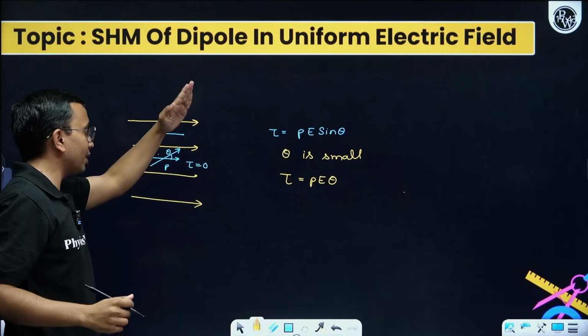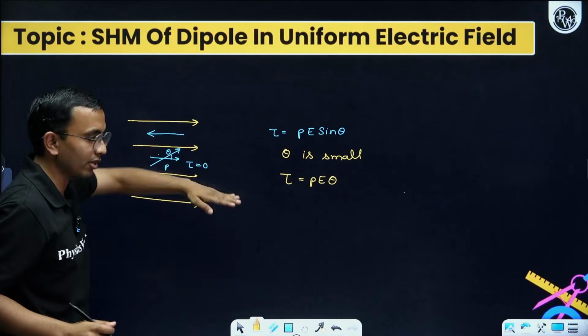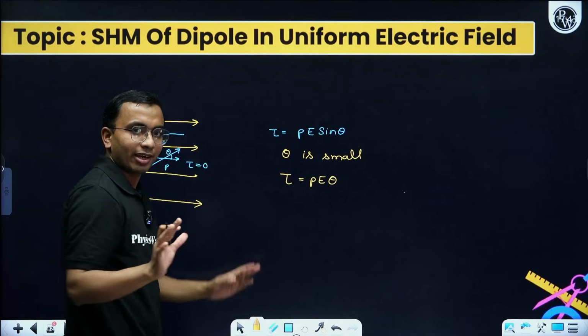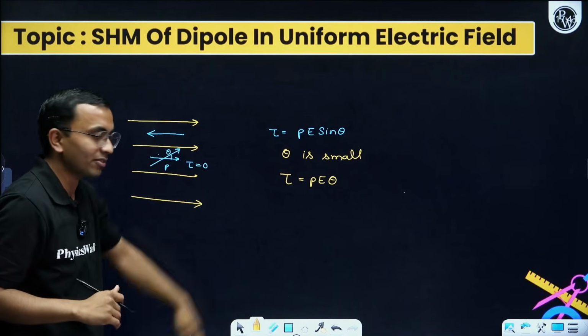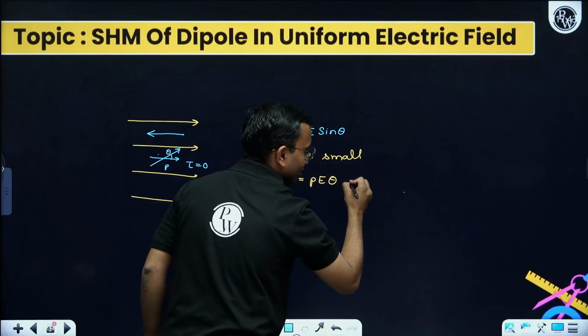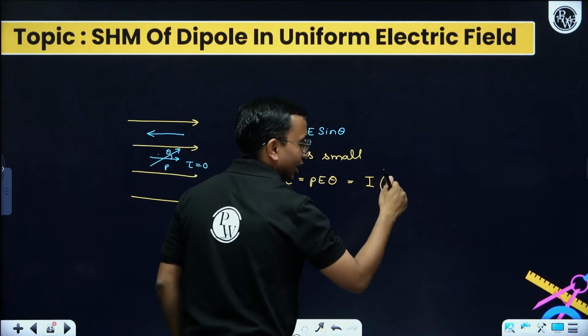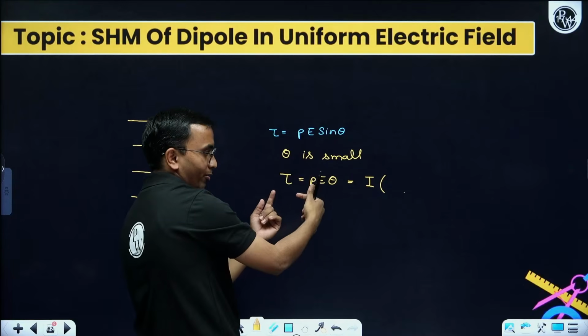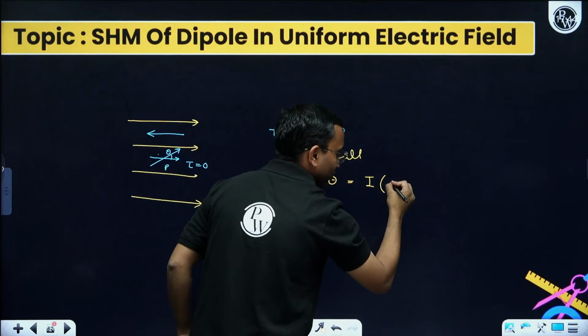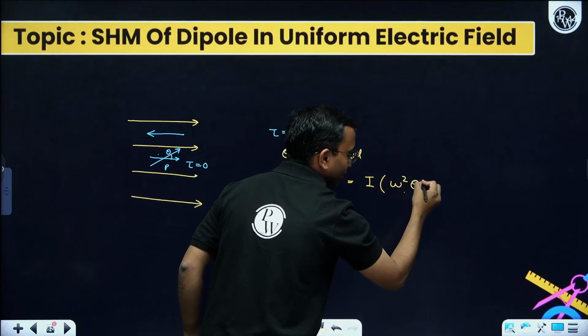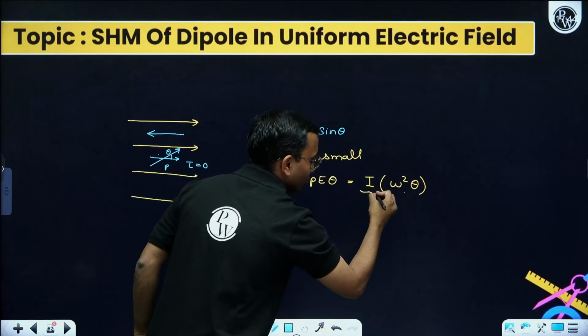Like if you rotate it slightly like this, torque will be in this direction. So a negative sign is there. It means it's a restoring torque, and torque is I alpha, and for simple harmonic motion alpha is minus omega square theta. So here also minus is there, there also minus is there, so that will get cancelled. So omega square theta like this. What is I? I is our moment of inertia.